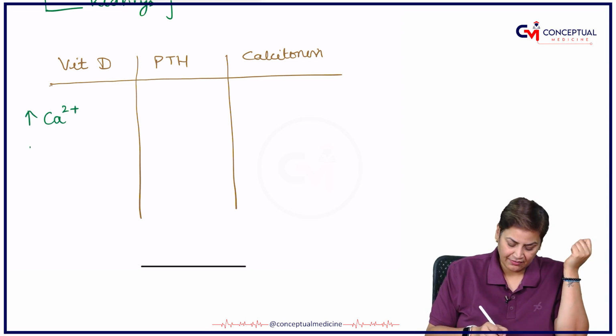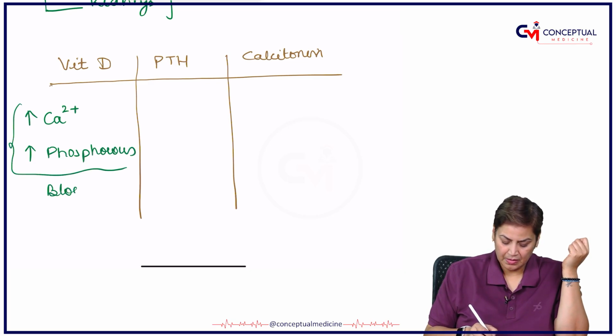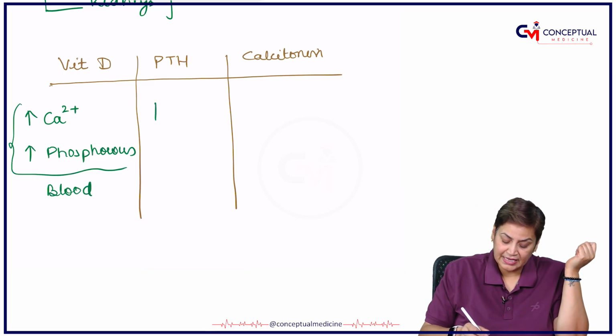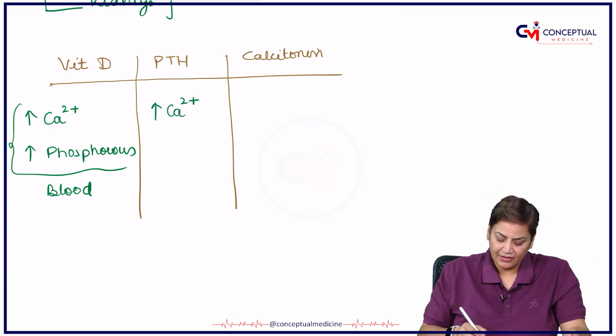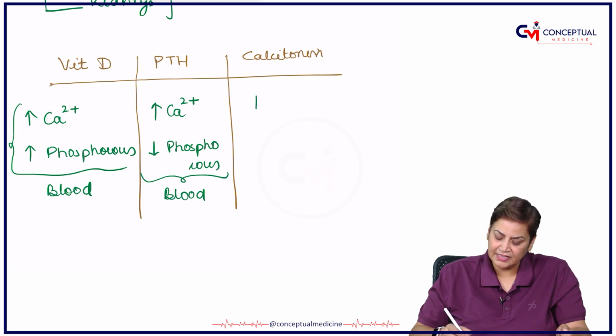It increases the level of phosphorus also in the blood, right? If we talk about PTH, parathyroid hormone, it will always increase the level of calcium, but it will decrease the level of phosphorus in the blood. Right? And if we talk about calcitonin, it will always decrease the concentration of calcium in blood.